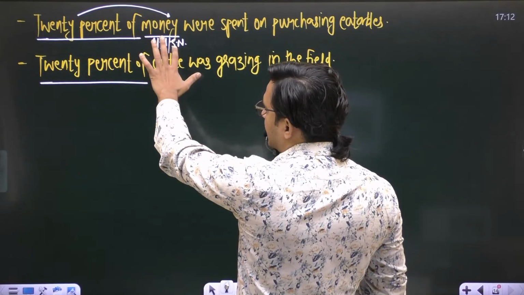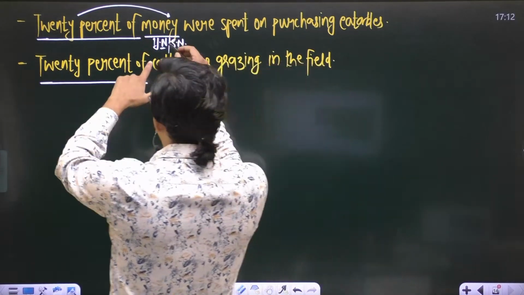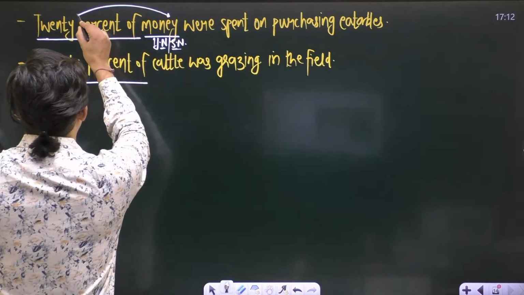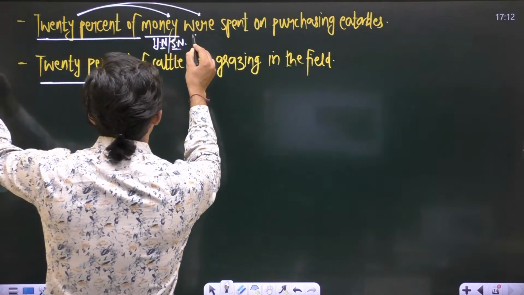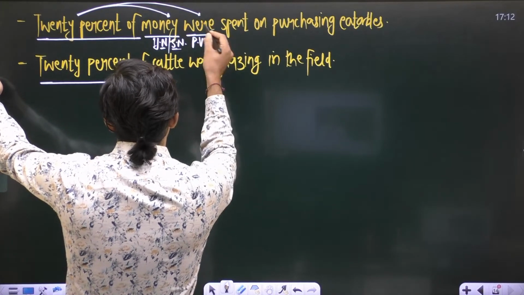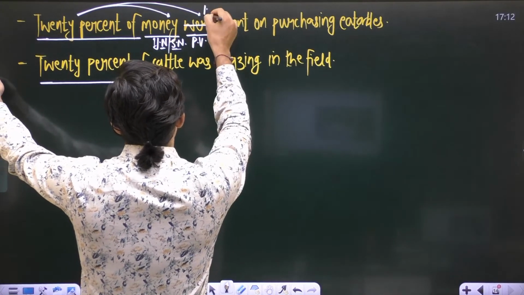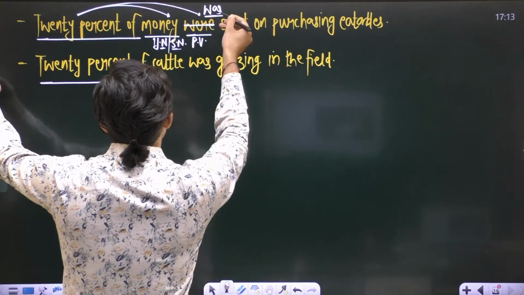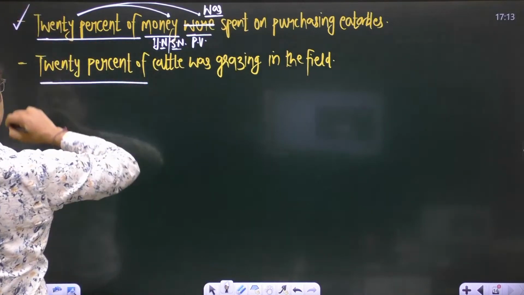If you get an uncountable or singular noun, according to this singular noun, the verb will also be singular. So to make it a singular verb, just replace were with was. If you just replace were with was, the sentence will be okay.